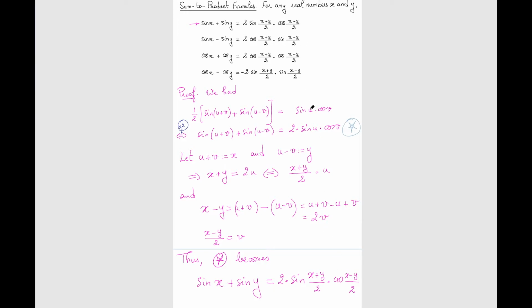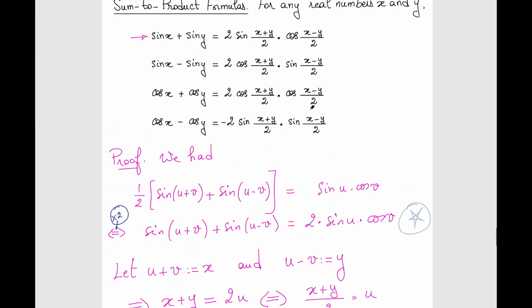So what I was alluding to before is that even though these identities look different, at least the first one, because we took the time to discuss it, it looks like a different identity than what we had before, but this is exactly what we had before. Because what we had before, product to sum, was this identity that you see now on the screen.